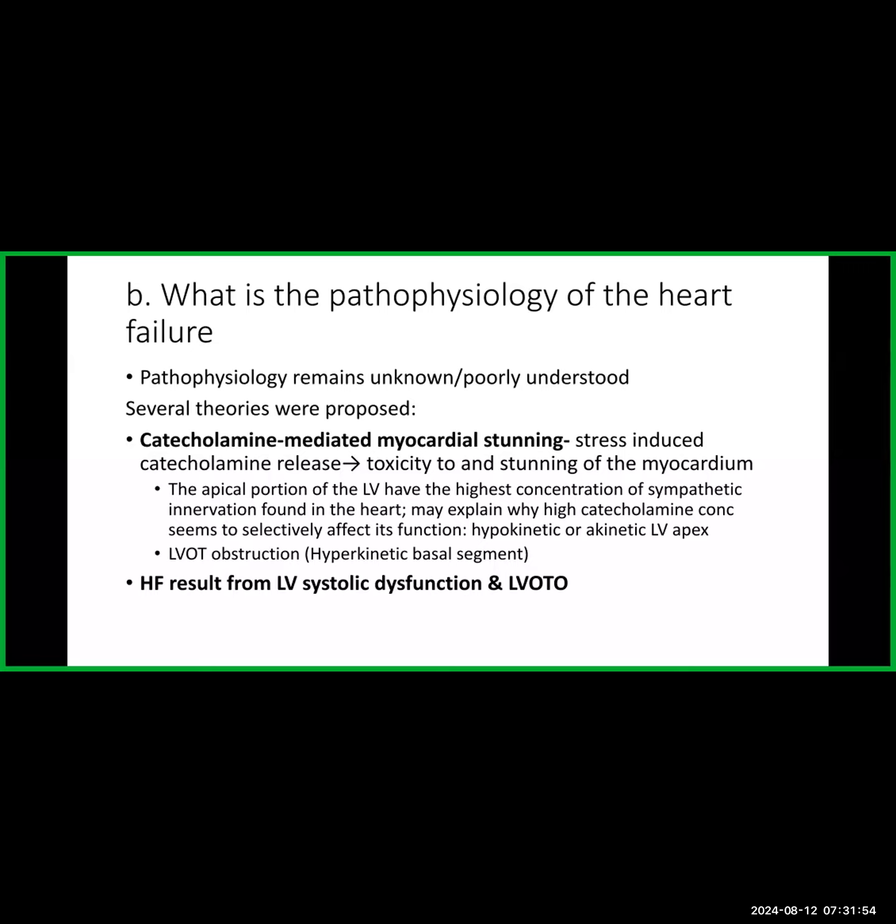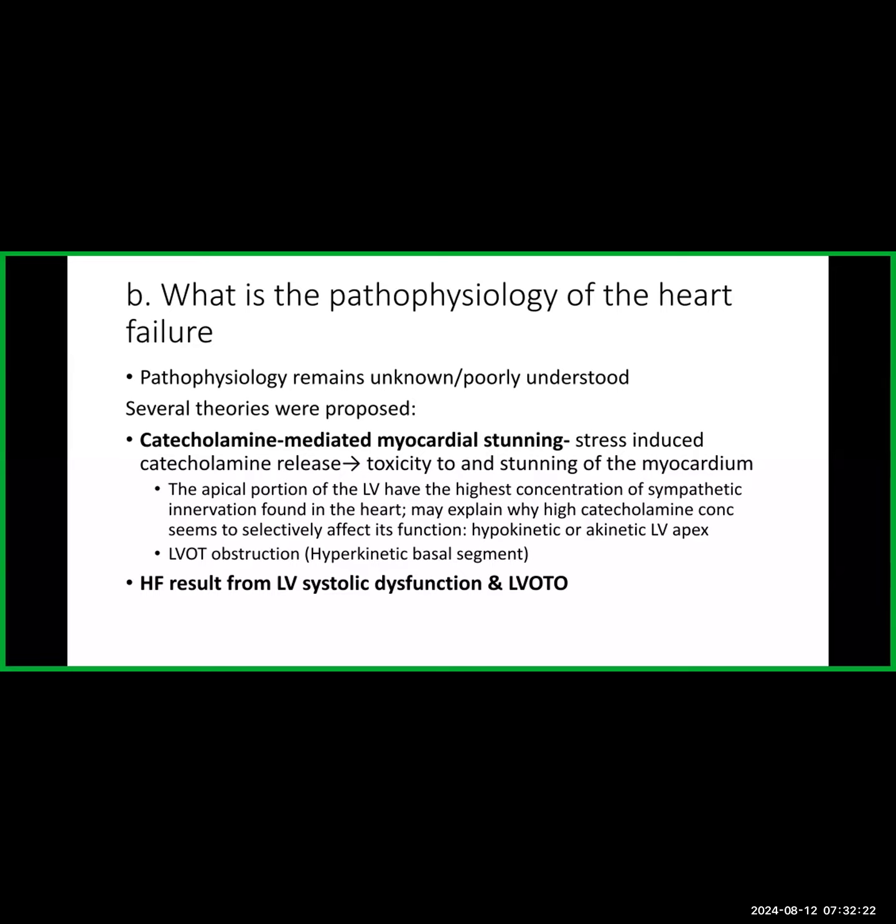Now, the apical portion of the left ventricle has the highest concentration of sympathetic innervation found in the heart, and this may explain why the high catecholamine concentrations seem to selectively affect its function. So there could be hypokinetic or akinetic left ventricular apex, and also left ventricular outflow tract obstruction.